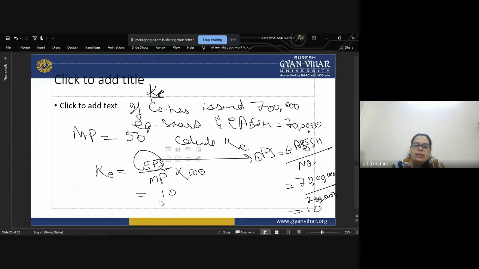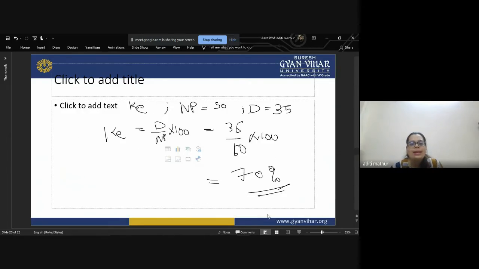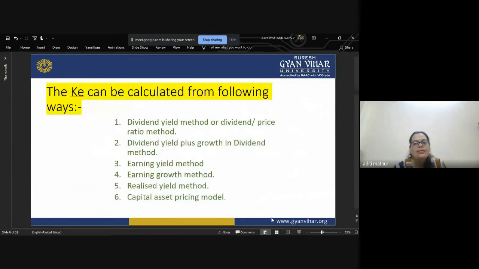So 10 divided by 50 into 100 will be equal to 20%. Isn't that easy? The only thing is to know which formula is to be used and what you have to calculate. So let us have a quick recap of all the formulas which we have studied.